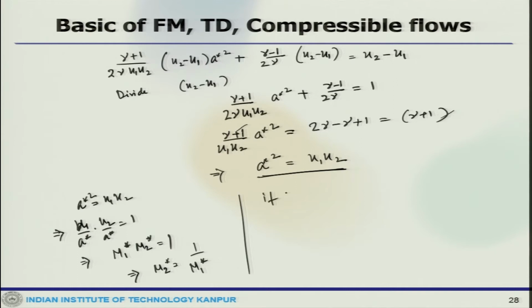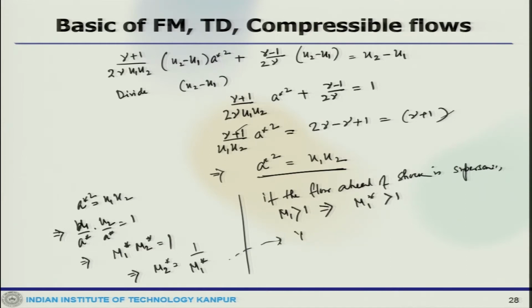So, if the flow ahead of the shock is supersonic, that means M1 greater than 1, which means M1 star greater than 1. Then from this M2 star and M1 star relationship, we can say that the flow field behind the shock will have M star less than 1.